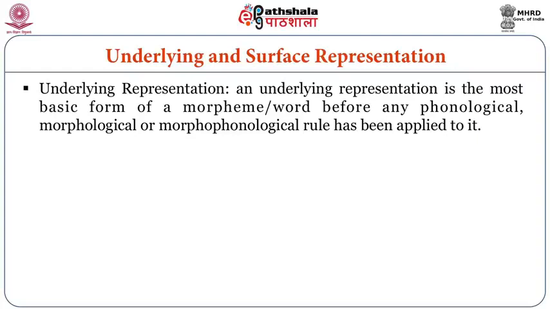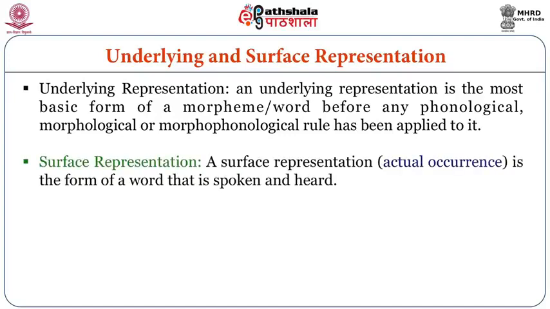Now there are certain underlying representations. An underlying representation is the most basic form of a morpheme or word before any phonological, morphological or morphophonological rule has been applied to it. Other than underlying representation, we also have surface representation. A surface representation, that is the actual occurrence, is the form of a word that is spoken and heard.